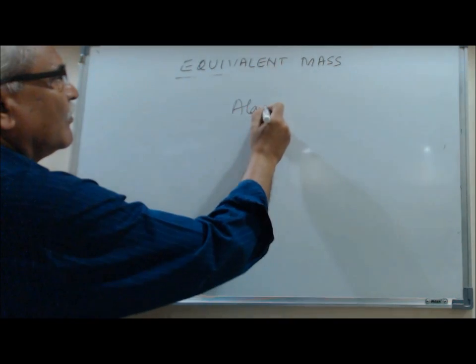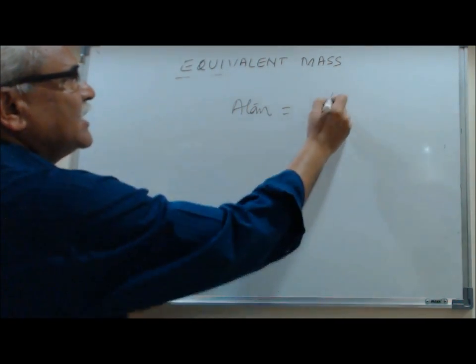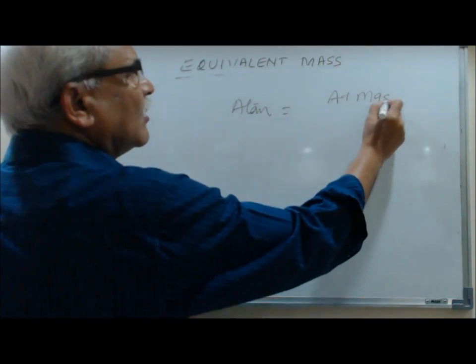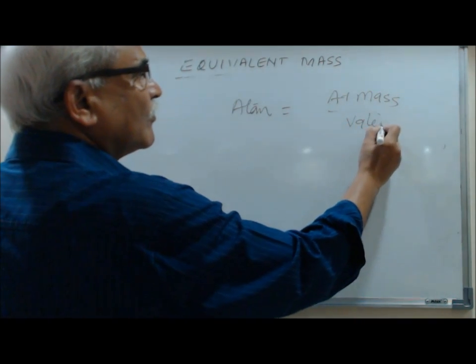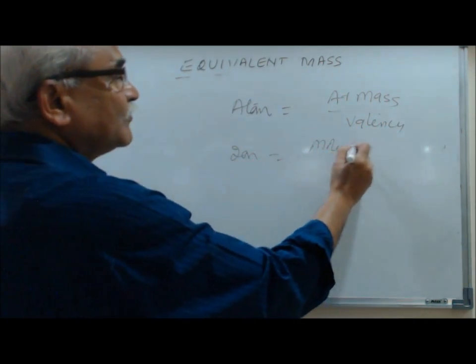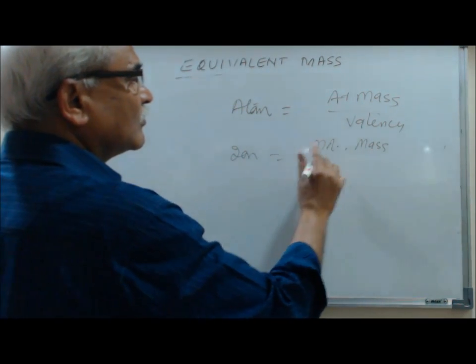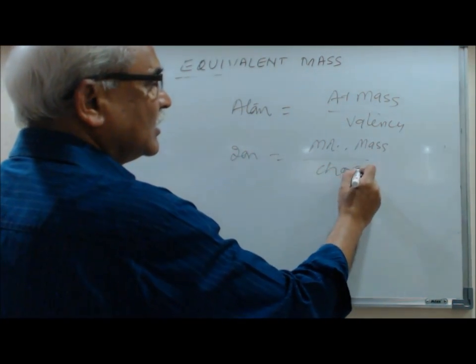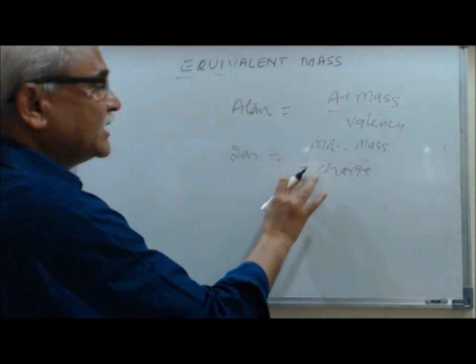Atom: atomic mass by valency. What about ion? Ion: molecular mass by charge. Mass by charge. The nature of the charge, plus or minus, is not relevant.